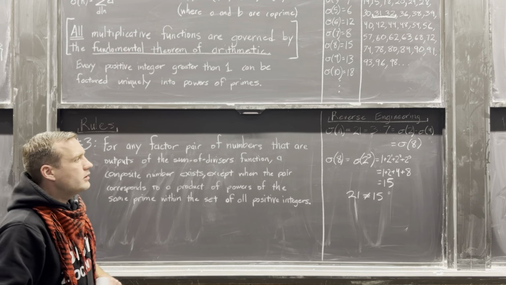And what we see is, again, fundamental theorem of arithmetic is followed unless it breaks the prime power identity. So this breaks the prime power identity.